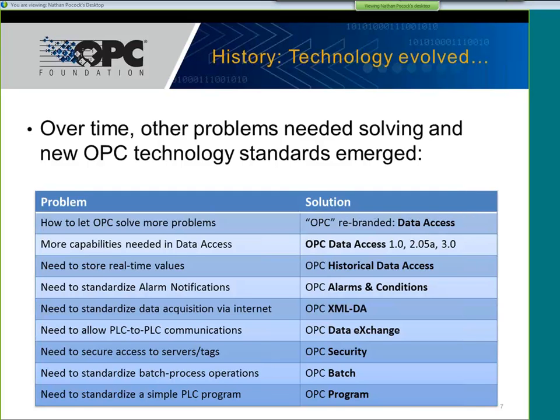There were other standards as well for exchanging data between devices with data exchange. There was an ability needed to do data acquisition over the internet, and that's where XML DA came in. And all these other different technologies had solutions created for them, but there were some problems in this approach.